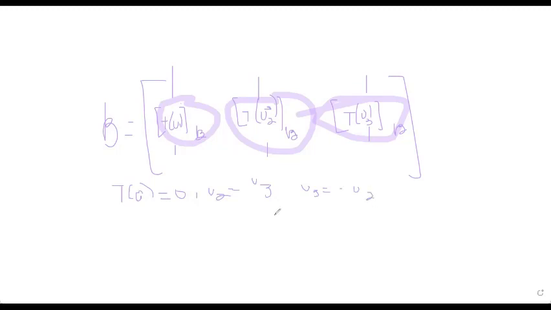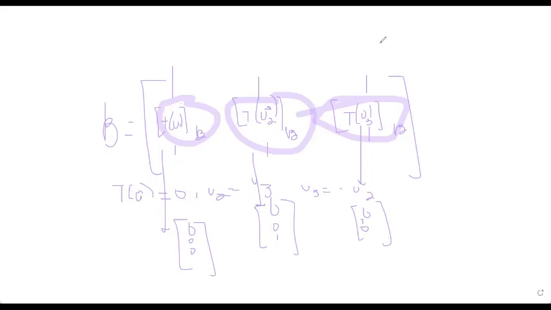Which means that we can figure out these columns. This column is going to be 0, 0, 0. This column, 0, 0, 1. This column, 0, negative 1, 0. And that way you can get the exact same matrix, right? Which is really quite simple.